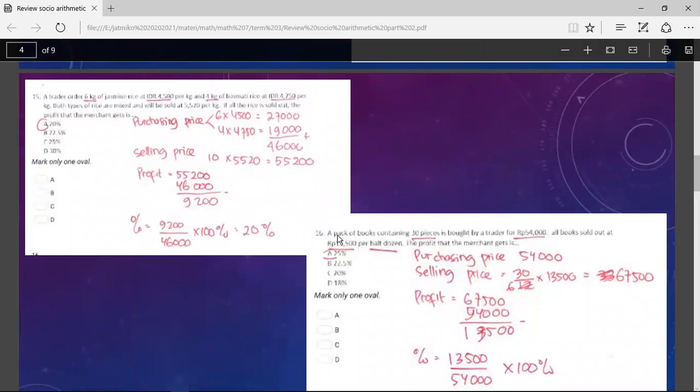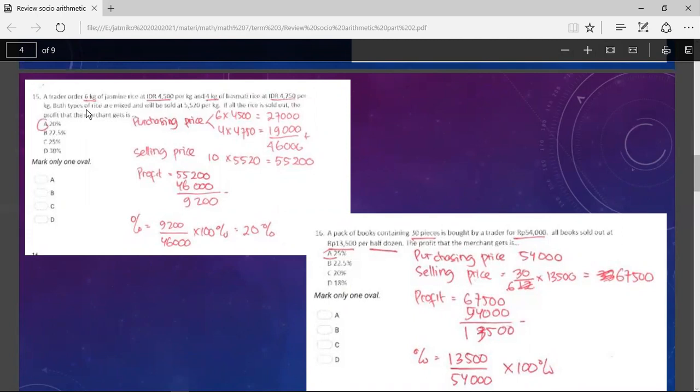I think you're familiar with this kind of question, when we have to buy two kinds of things, mix them, and then solve it. So here a trader orders 6 kilograms of jasmine rice for 4,500 per kilogram. And then he also buys 4 kilograms of basmati rice for 4,750 per kilogram.